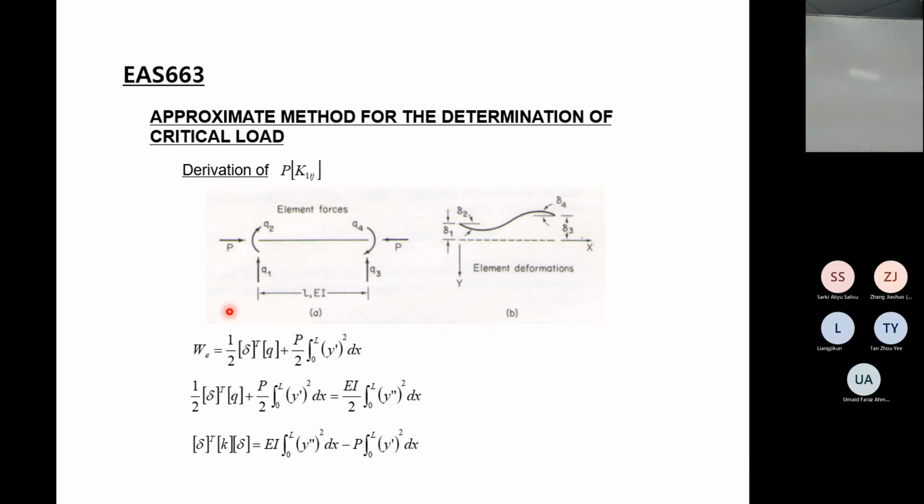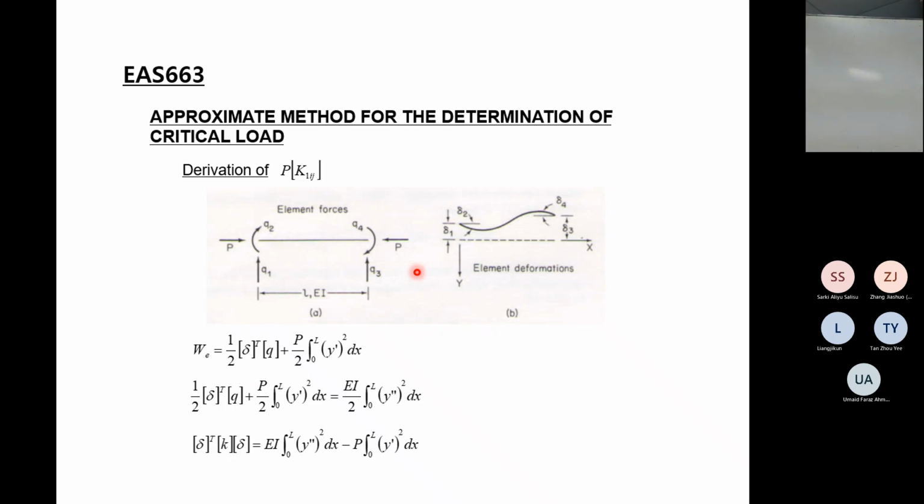So this is the work done. It is equal to half of Q1 multiplied with delta 1, Q2 with delta 2, Q3 with delta 3, and Q4 with delta 4. We can write it nicely this way: this means delta 1, delta 2, delta 3, delta 4 in vector form.